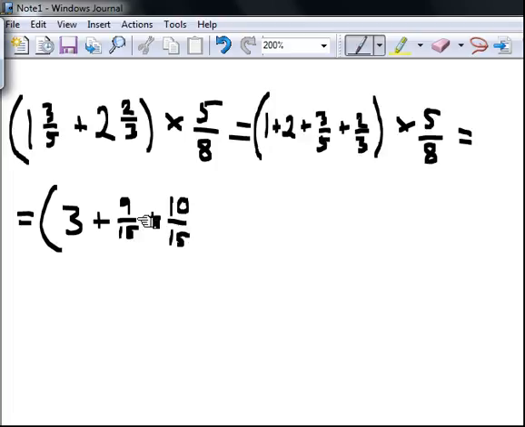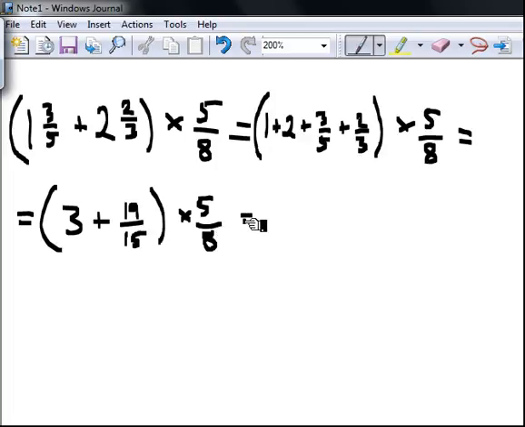So let's calculate this. 9 plus 10 over 15 is 19 15ths. Yeah, let's write this out. This remains the same.